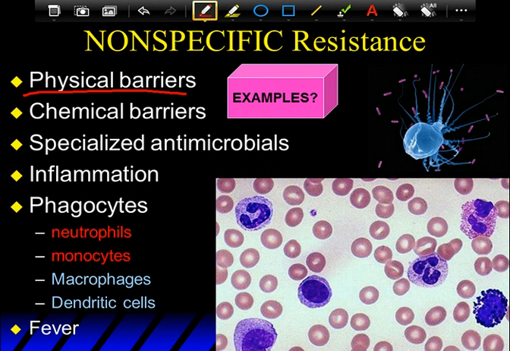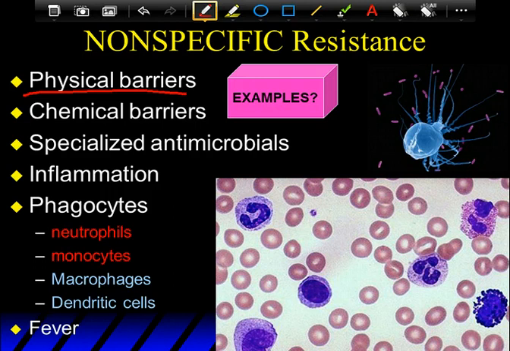Then you've also got some chemical barriers. Gastric juice, which is high acidity, salt in your sweat, lysozyme that's in your tears. In your notes on page 3, you've got a variety of things listed on a table where I try to give you a whole variety of different examples of these nonspecific resistance factors.